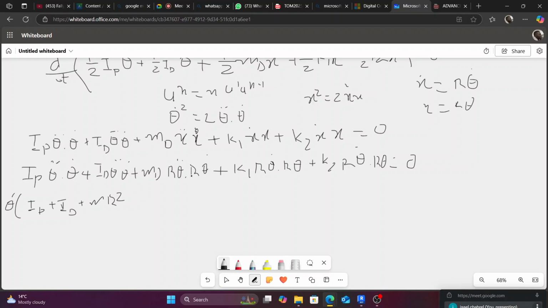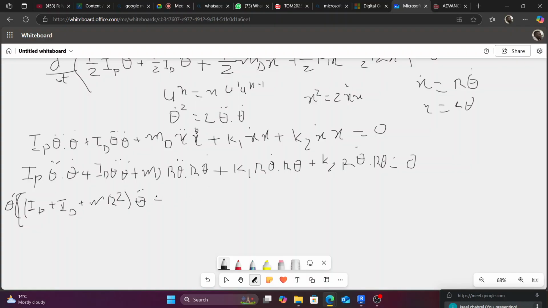Is it confusing you? No. Do you agree it's going to be like that? Yes. Multiplied by theta double dot. Remember theta dot is outside.